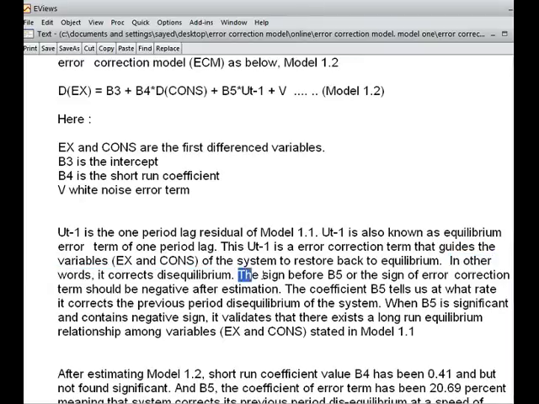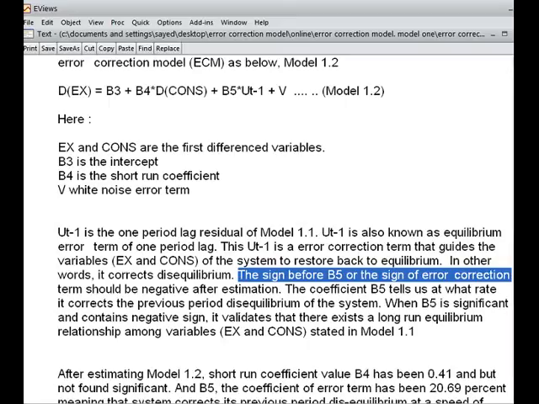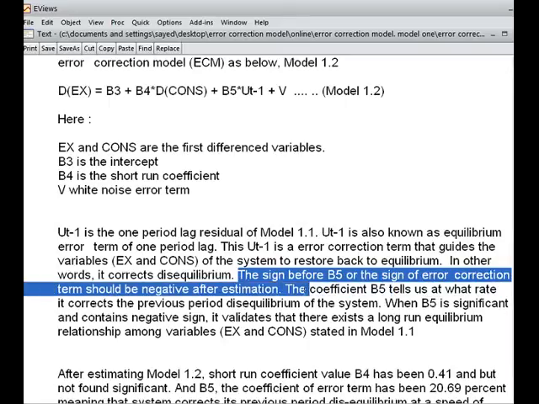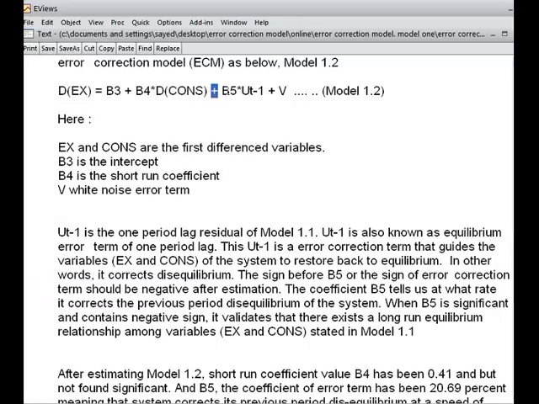But the sign before B5, or the sign of the error correction term, should be negative after estimation. That means the sign of B5, you see, this sign should be negative.